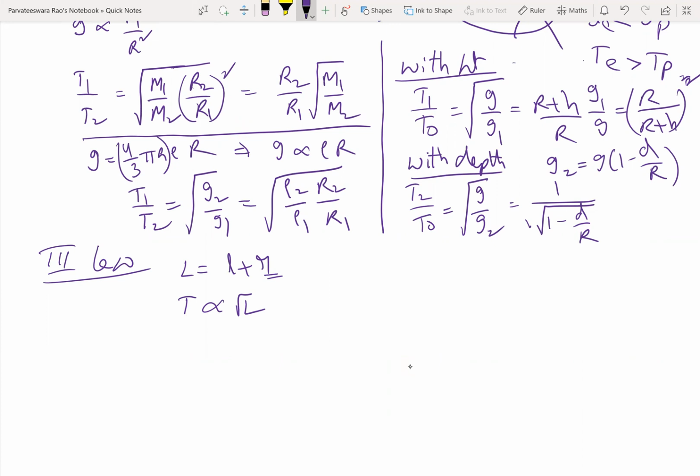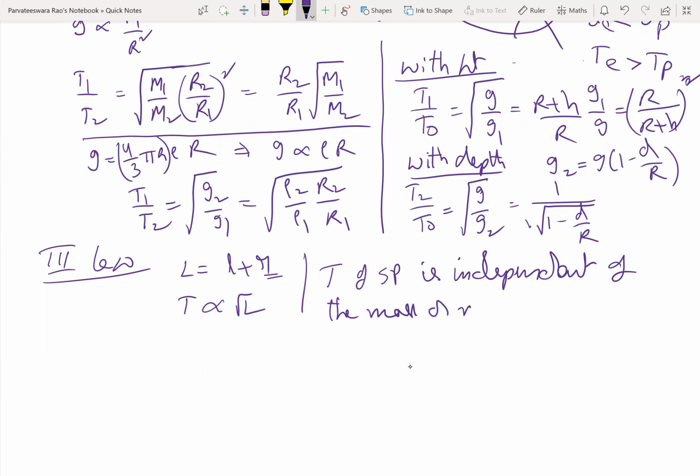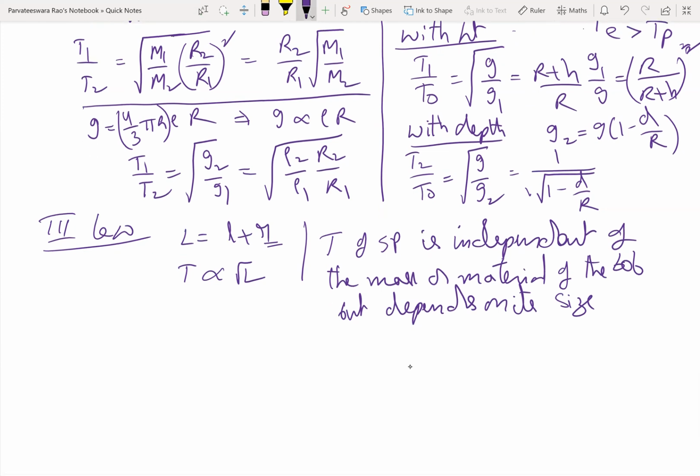Therefore, it says time period of simple pendulum is independent of the mass or material of the bob. Depends on its size. This is called third law.